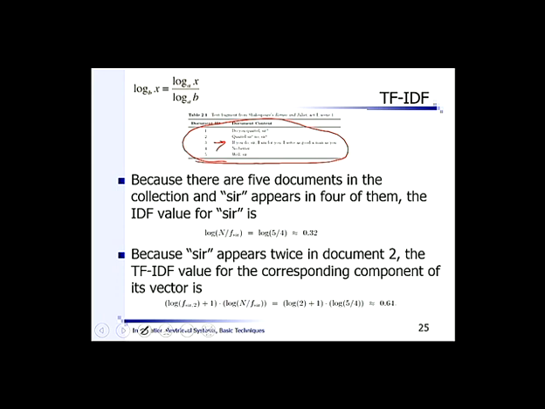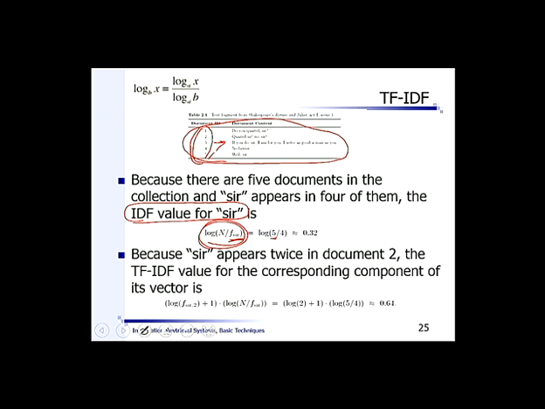Now if we want to calculate the IDF value for sir, IDF is log of N over the frequency of sir. N is the number of documents in the entire collection, so we have 5 documents, and the frequency is how many documents.